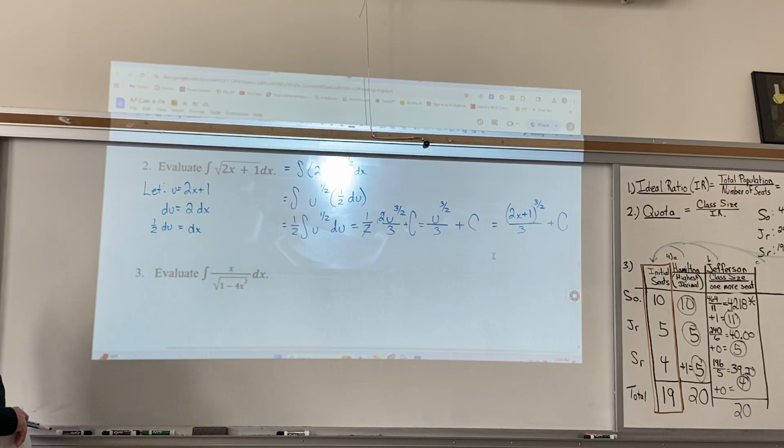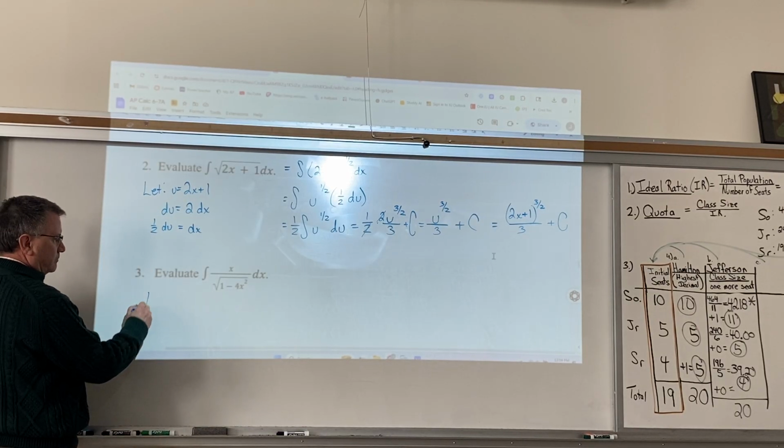Okay, let's look at this one. I'm really not sure what I could do. I looked all through the antiderivative formula sheet and I didn't see anything. So I might want to try u substitution.